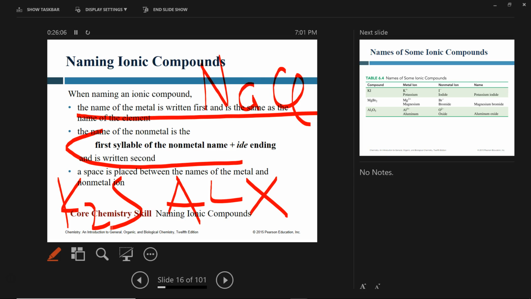Which of these two metals has more metallic character, sodium or aluminum? Sodium. They're in the same period, aren't they? Aluminum is in the third group, and sodium is in the first. Sodium is more metallic. Does that make sense?